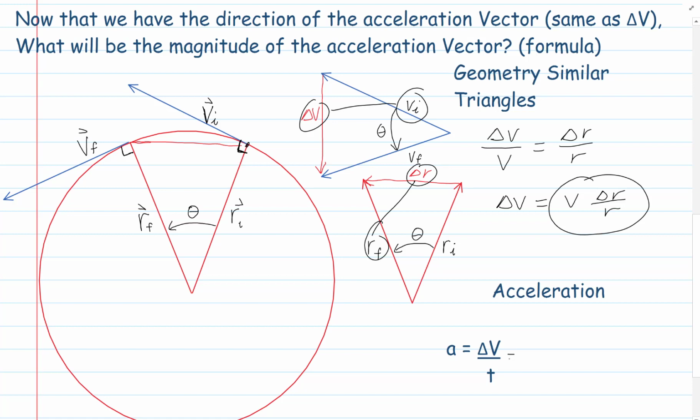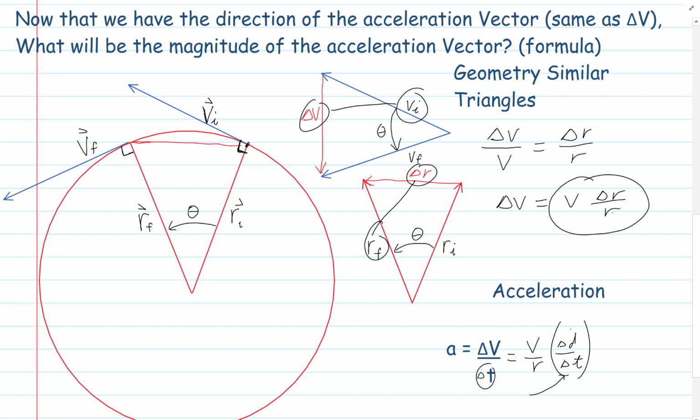We'll put this into our acceleration formula, and we get v over r, and then delta r over delta t. I just did a little bit of shuffling here, keeping the r over the v and bringing our delta t over here.